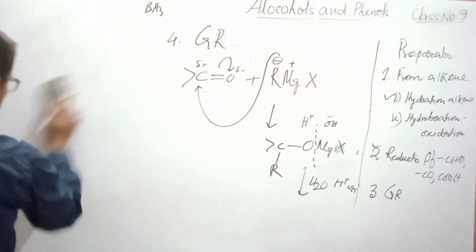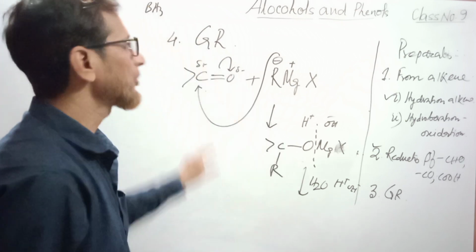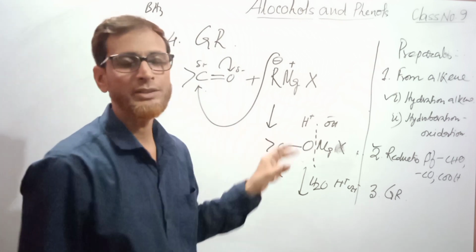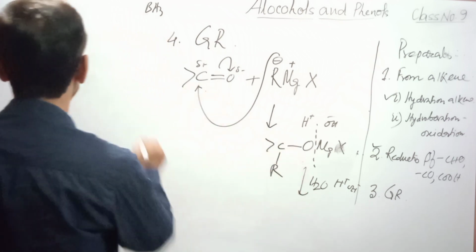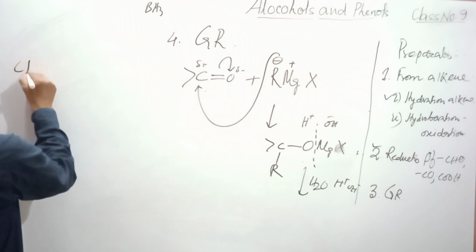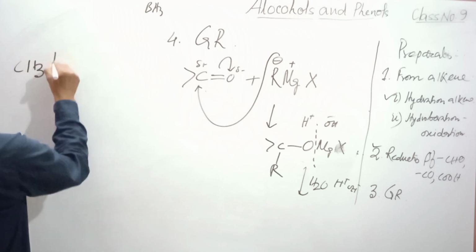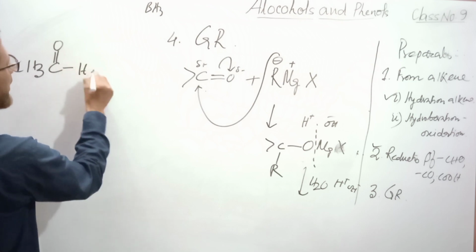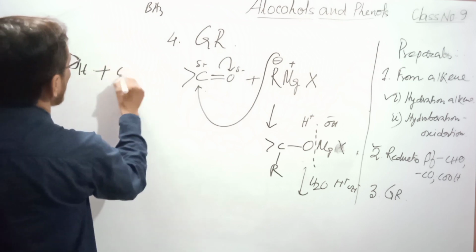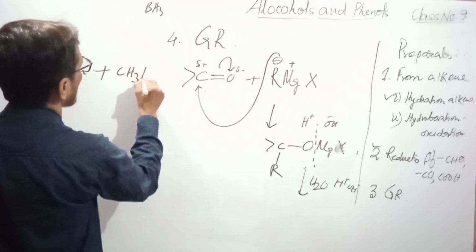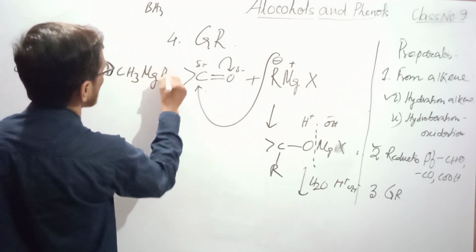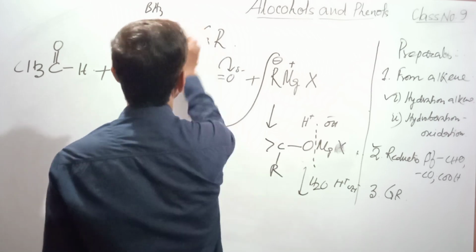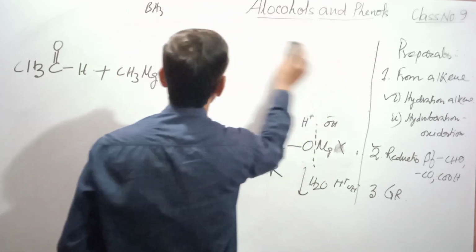Now let us check how we can do this. This is very important for state board, NCERT, board and state exams, and also in entrance exams. So let us take one example of CH3 C double bond O H, an aldehyde. With the aldehyde, let us take the Grignard reagent methyl magnesium bromide. Let's see how we get the product.